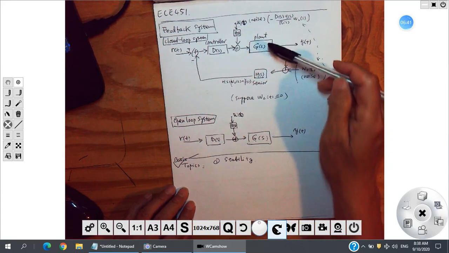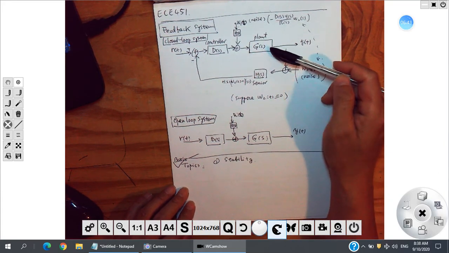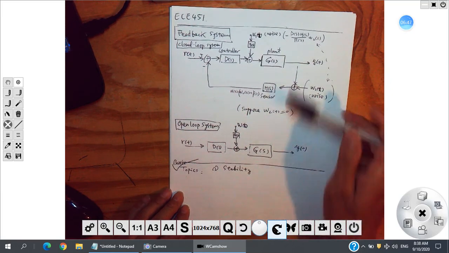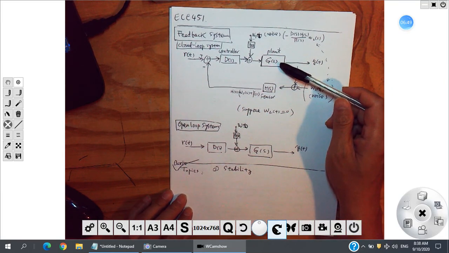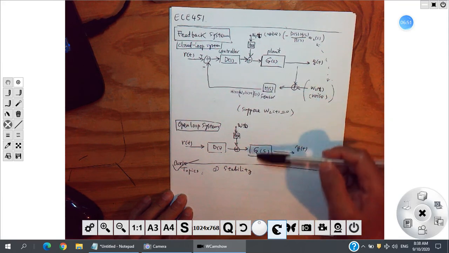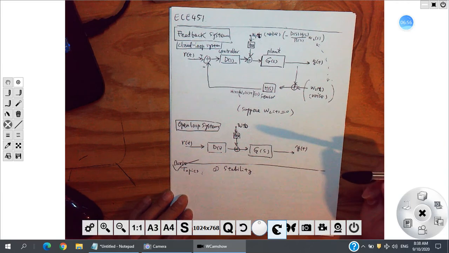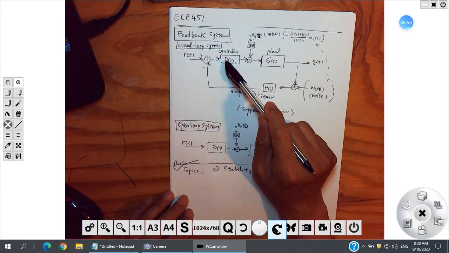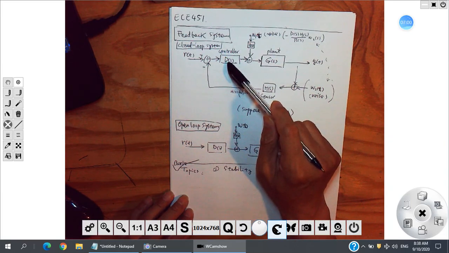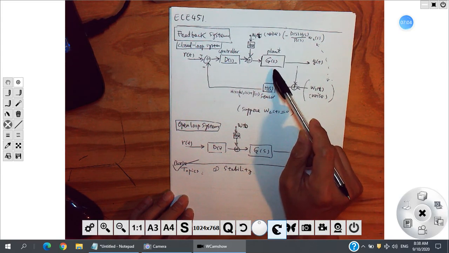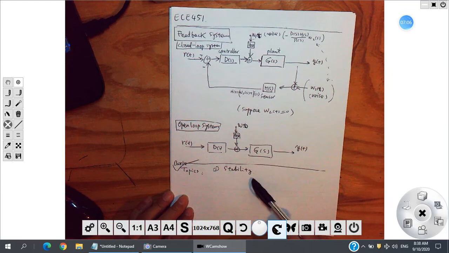G of S itself may be stable, may not, depending on the system, depending on the model. Some physical or electrical device may be stable, maybe not. And our problem is we want to add a D as a controller, and also need the sensor, to make the system stable. So this is for stability.